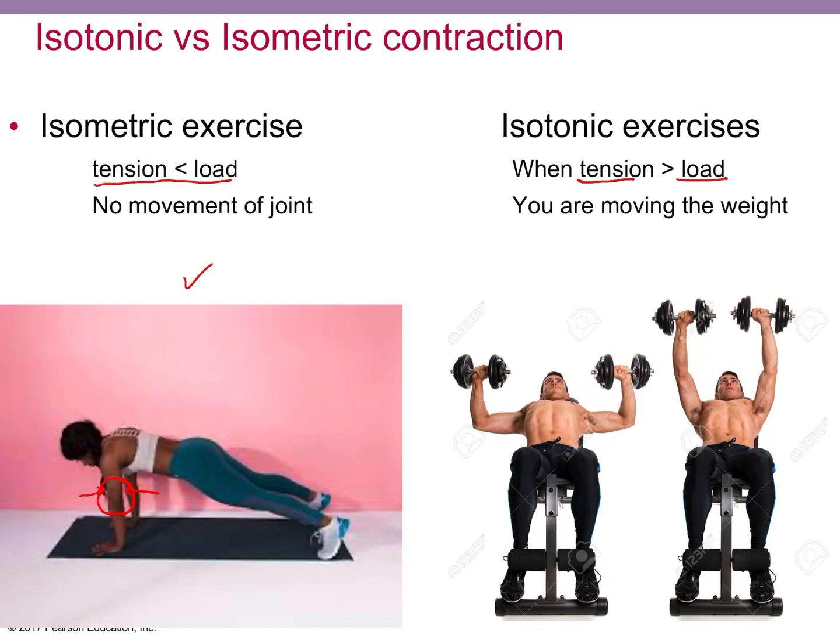It's still working, it's contracted, but it's actually lengthening as it's moving, as it creates tension and as you're lowering your elbow or extending your elbow. So those are the two kinds of contraction. So concentric contraction is where the muscle gets shorter. Eccentric contraction is where the muscle gets longer. Both of them, though, you are creating tension. There's tension in the muscle.